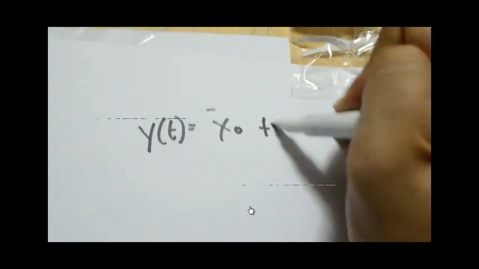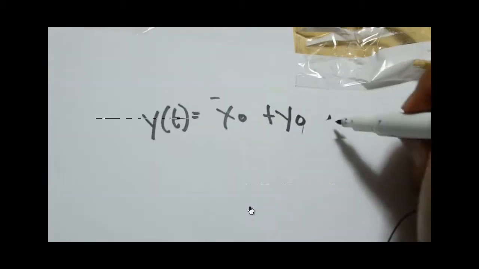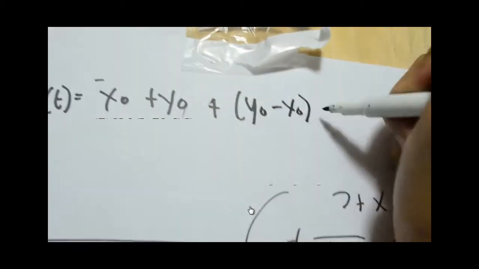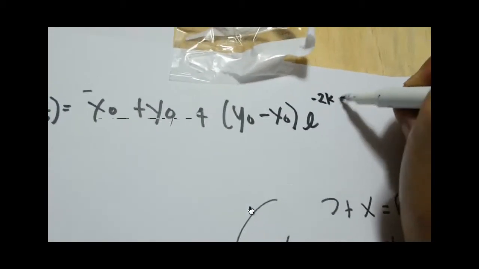This will give us, okay, from here, and we're letting c be this one, and that will give us the final answer of y of t is equal to x sub o plus y sub o plus, or c, y sub o minus x sub o e to the negative 2k a t over V all over 2.